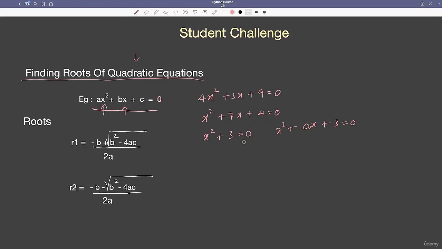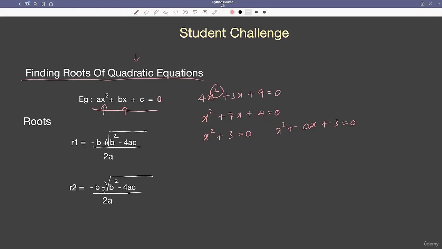Now, from this equation, if you want to find out the value of x, then there is a formula. There are two possible roots of x. The values of x, we call them roots. So what's the formula? Minus b plus square root of b square minus 4ac, by 2a.